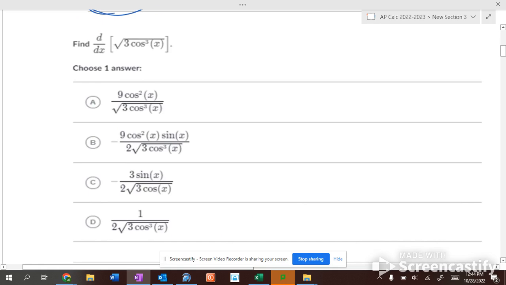3 cosine cubed of x underneath the square root. So I would rewrite it as 3 cosine of x to the 3/2 power. Because that's really what it is. Okay? Because cosine cubed, you put the cubed on the, no, that's not what it is.